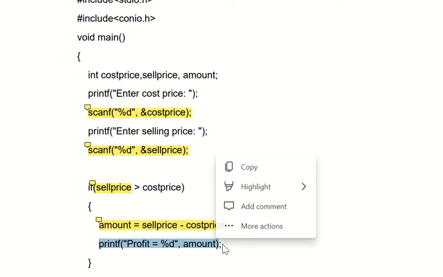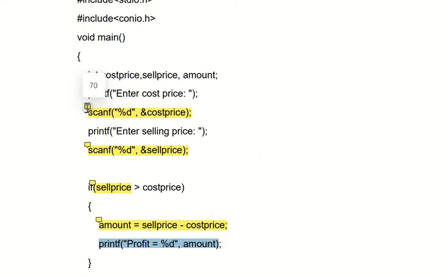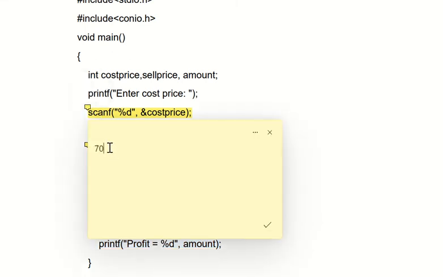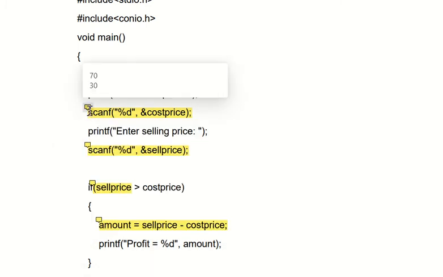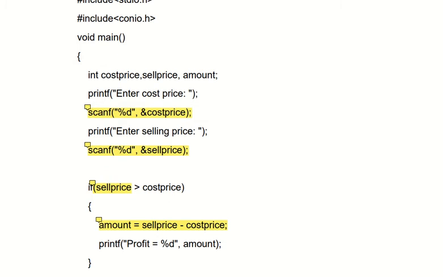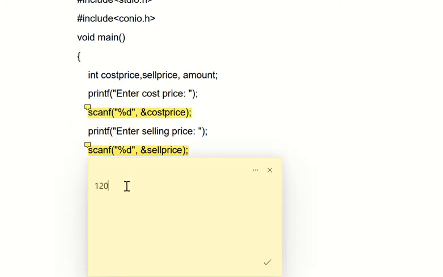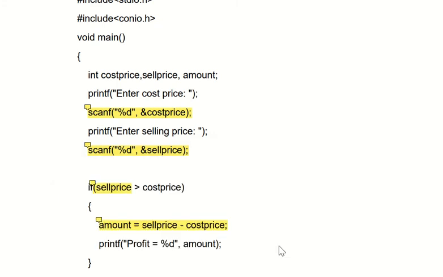Now the second scenario, before we go ahead with the else if. For example, instead of 70, the cost price is 30, and same way the selling price, not 120 but 20.